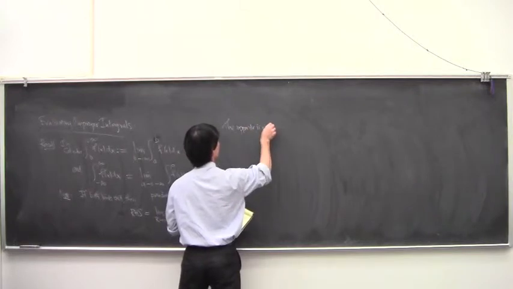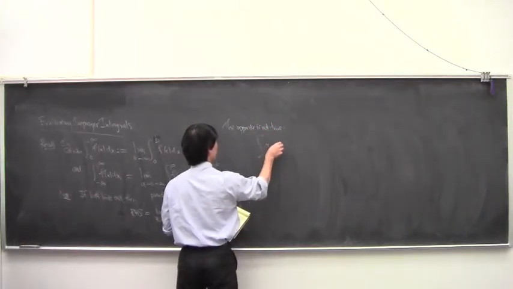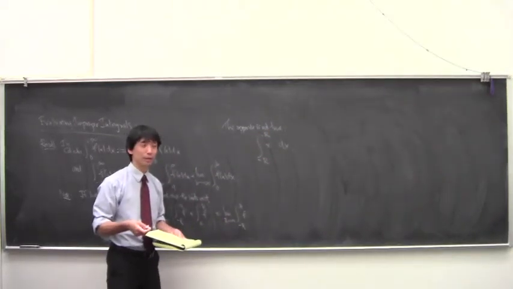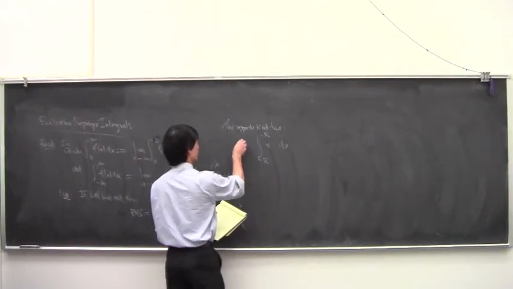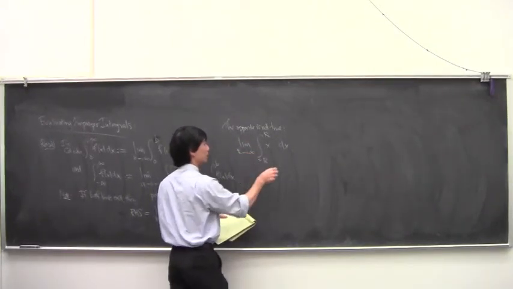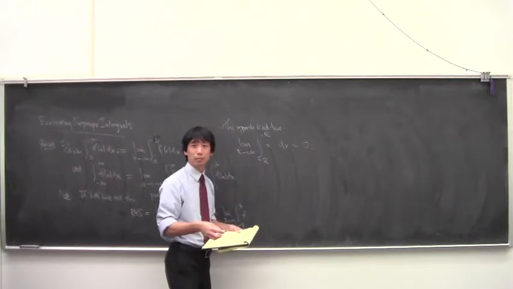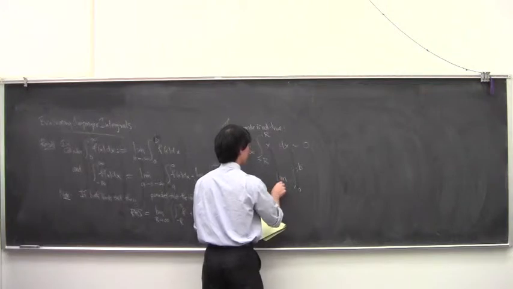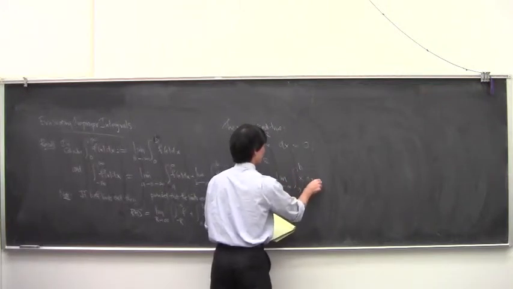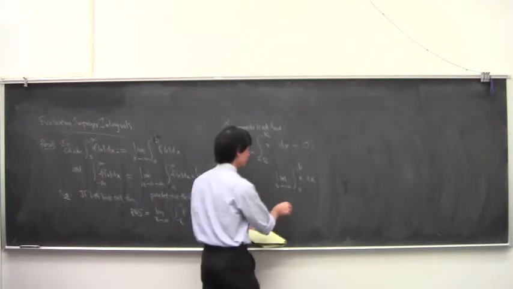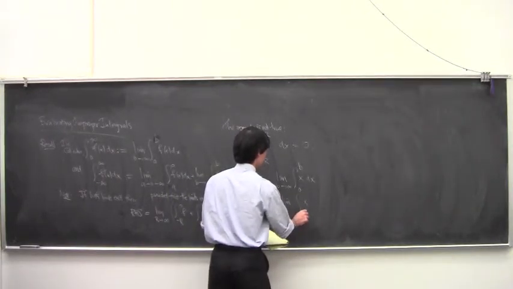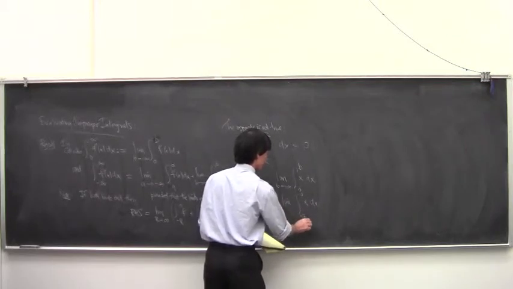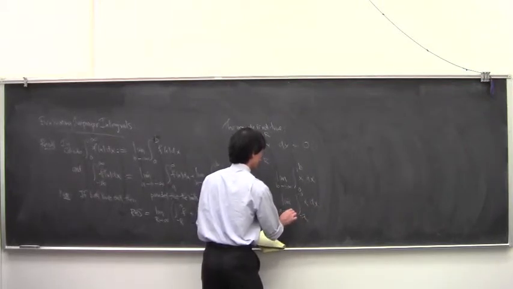For example, if you look at the integral of x from negative r to r, that's 0. And so the limit as r goes to infinity of this thing is 0. But the limit from 0 to b as b goes to infinity of x doesn't exist, nor does the limit of x as you go from negative n to 0, as n goes to negative infinity.